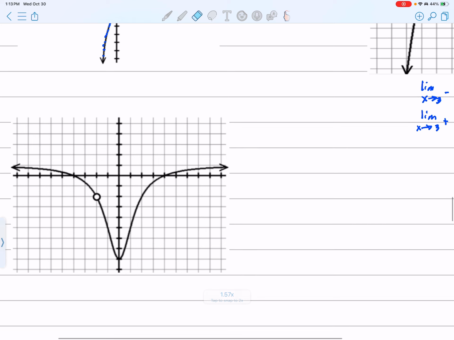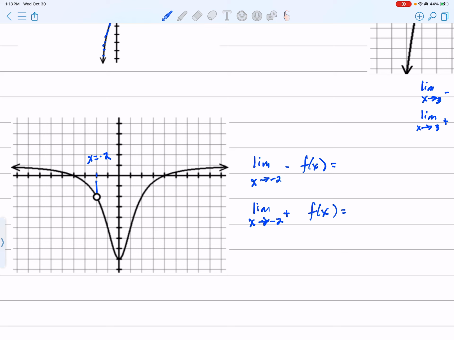Okay, I go directly. So where is our location here? At x equals -2. So we can write down the limit as x approaches -2 from the left, and the limit as x approaches -2 from the right. So the function of x is at where?